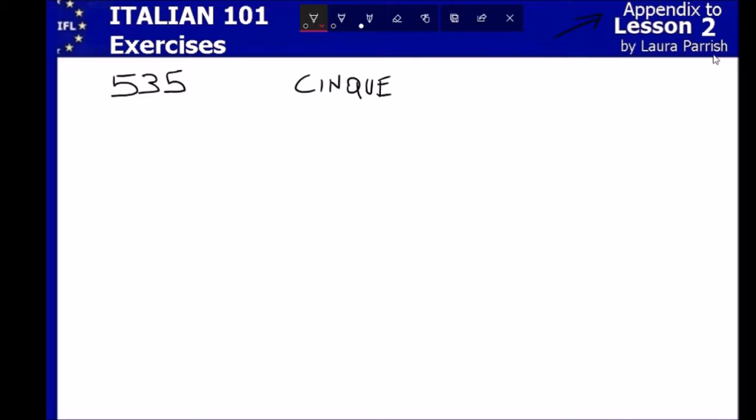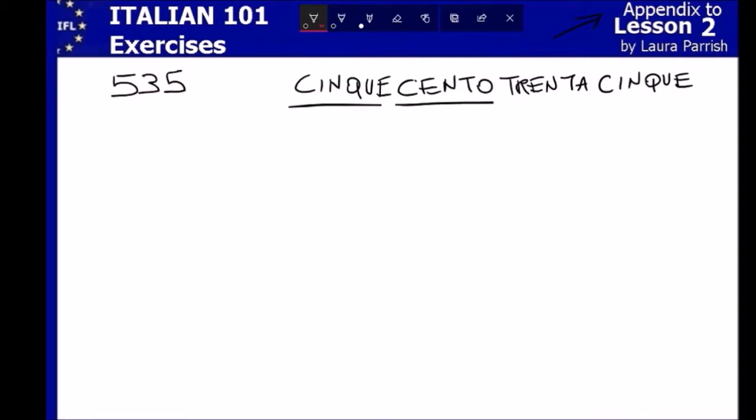So, cinque, then you add cento, 100, then trenta, 30, and then cinque, 5. Because this means 5, this means 100, this means 30, and this means 5. So 535.